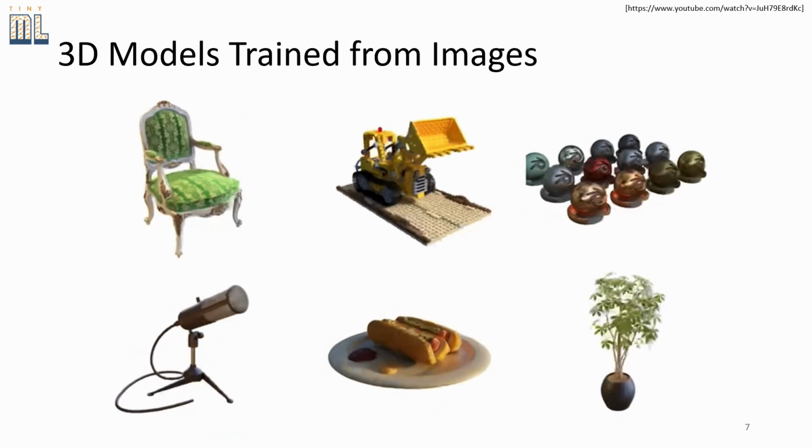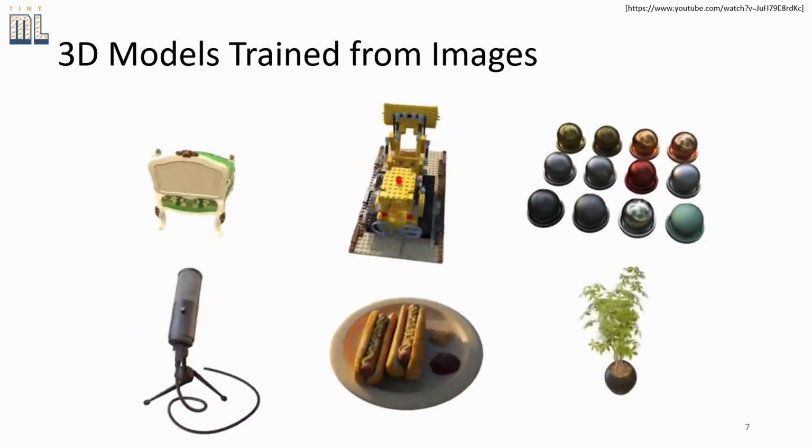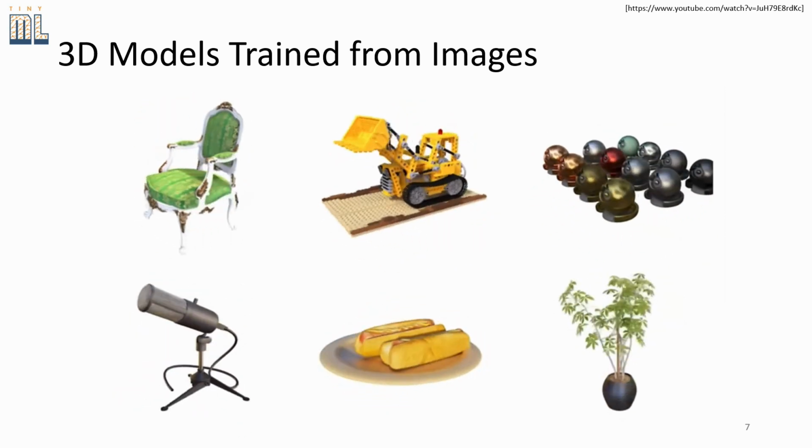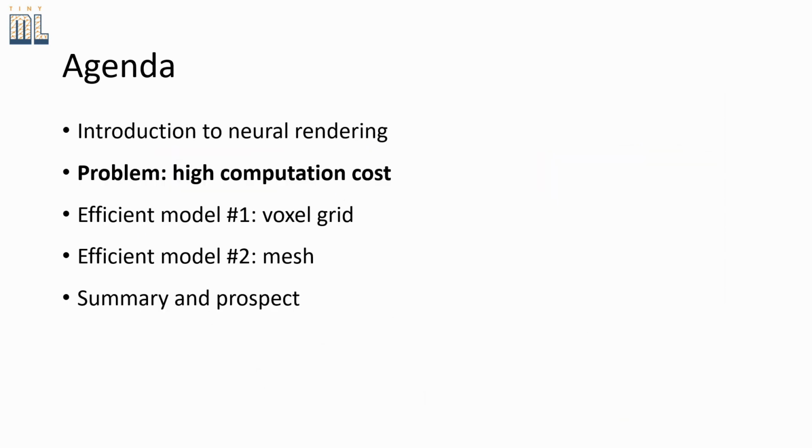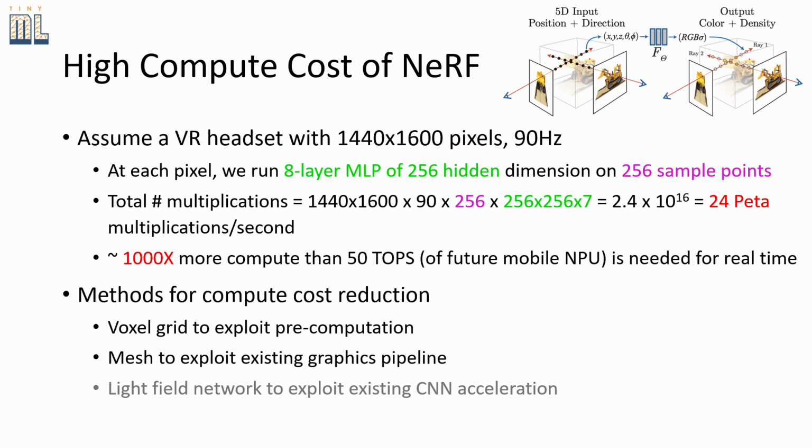Until now, the story is fantastic. But we cannot benefit from this technology in terms of real-time rendering on mobile devices because we have a computation cost problem. So let me briefly explain what the problem is, assuming a real VR device like this spatial resolution and frames per second.